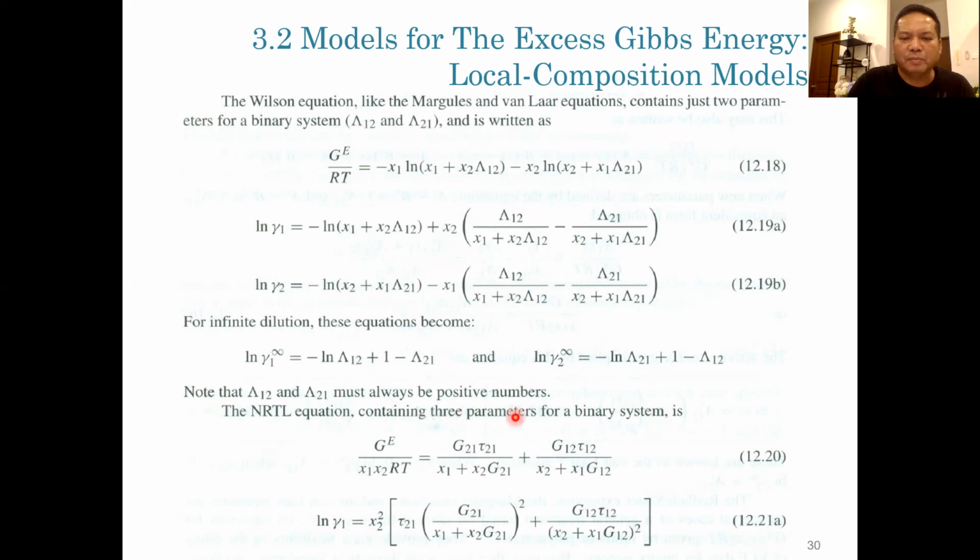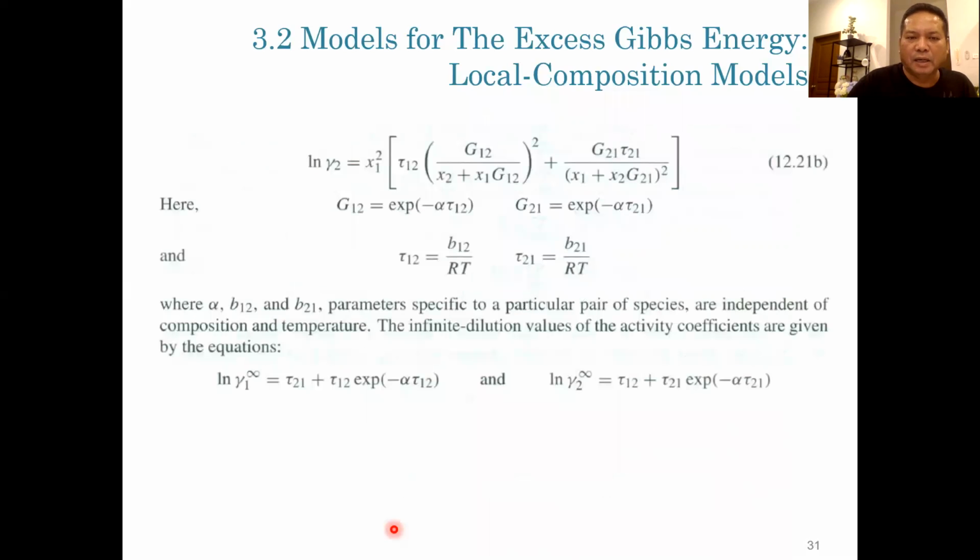Lambda 1 and 2 must always be positive numbers, because you cannot have a negative ln, right? Then we have ln gamma 1 and ln gamma 2 here, and we can find G12 as this, alpha tau 12. Alpha 12 and tau are this value here, and alpha, b12, b21 are parameters specific to the species and independent of composition. Normally we get these values from experiments. So gamma 1 is this equation, and gamma 2 is this equation.